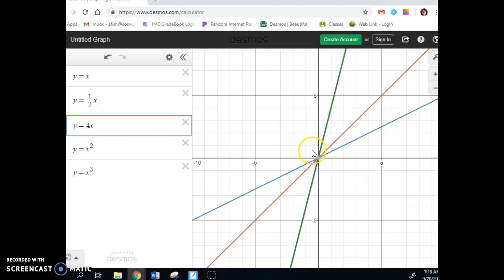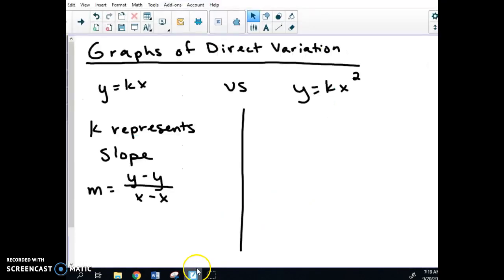And the green line here is y equals 4x, so it's extremely steep in comparison to the blue line and the red line. So as that number gets closer and closer to 1, the steepness or the slope of that line is not going to be as great. So just something to note there, and like I said, that should be a refresher.